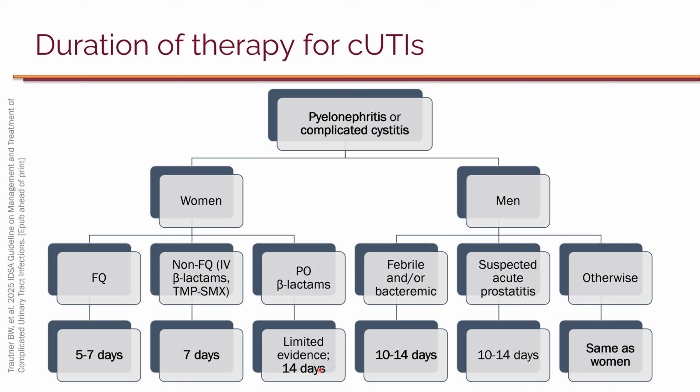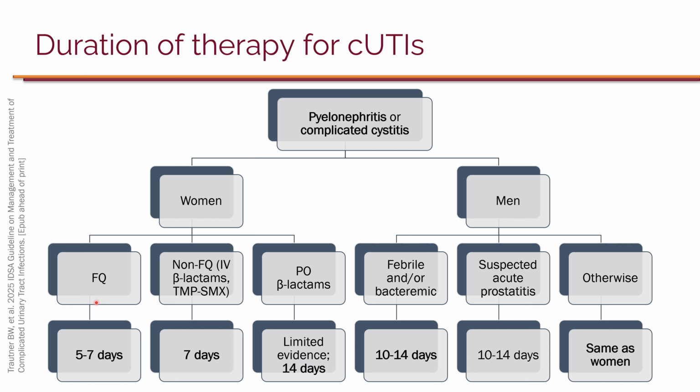Now keep in mind that these total durations of treatment include the empiric therapy. So even though the empiric therapy may have been a different agent, if somebody, let's say, received 5 days of IV beta-lactam, and then they switch to PO beta-lactam, you will essentially subtract 5 from 14, and the difference would be the oral beta-lactam to finish the course.